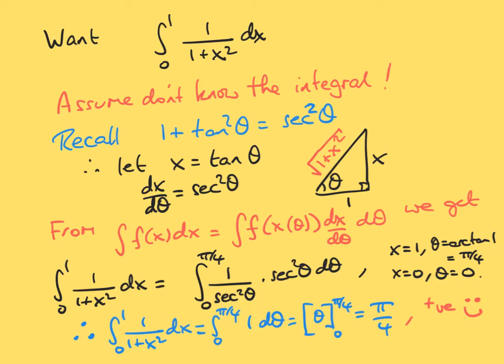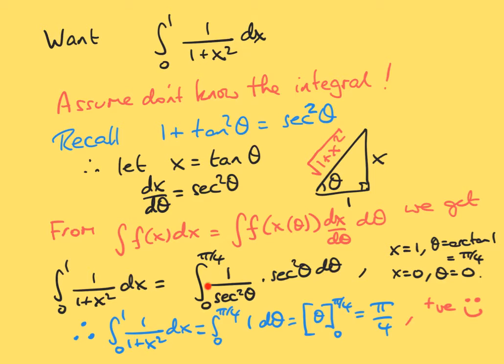Now, there are two ways of doing this. One is algebraically. So you could say 1 over 1 plus x squared is 1 over 1 plus tan squared theta, and that's sec squared theta. Or you could just look at the triangle and say that the cosine of theta is 1 over the square root of 1 plus x squared, and therefore 1 over 1 plus x squared is the cosine squared of theta.